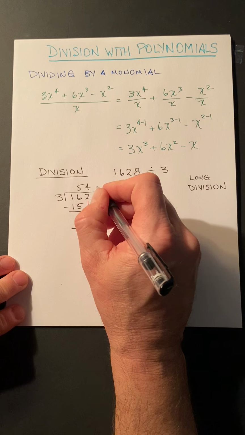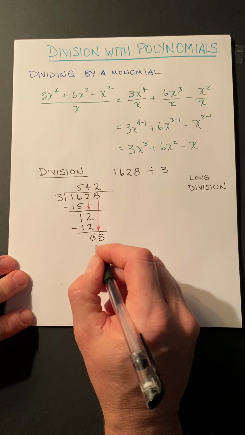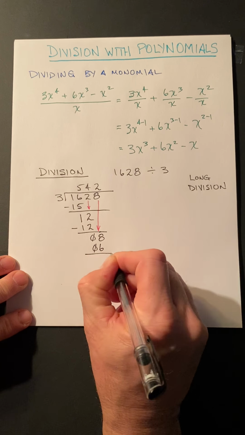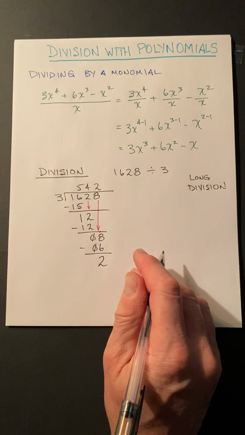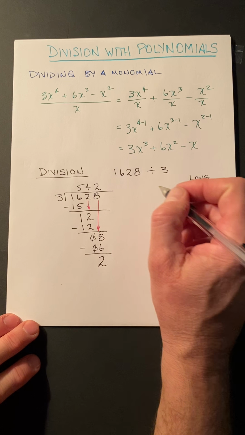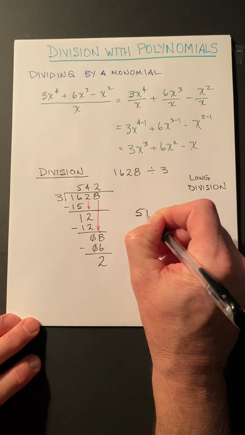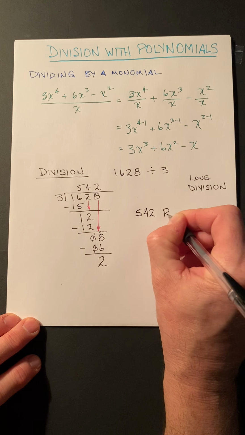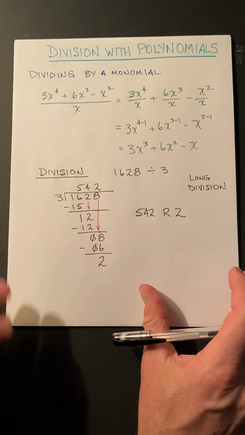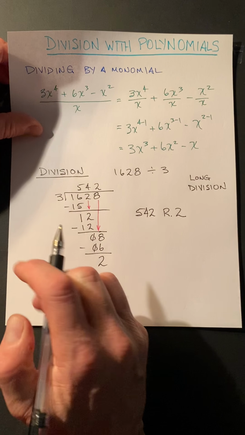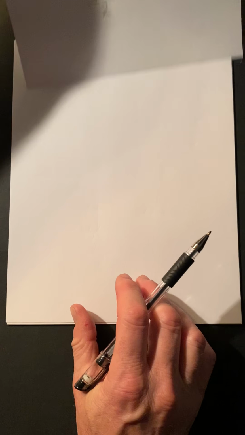And I say, well, 3 times 2 is 6. I subtract again, and I get a remainder of 2. So my answer here is 542 remainder 2, correct?